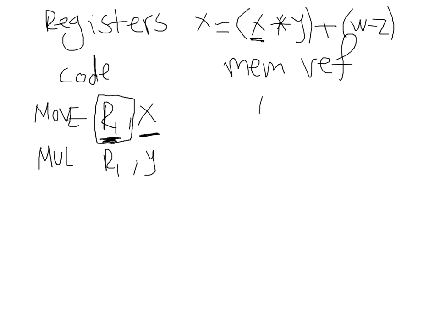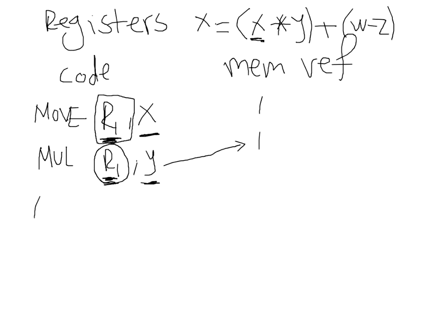R1 holds the value of x now, right? How many times do we need to access the memory? Again, only once. I know R1 is source and destination, so we take the value of R1, multiply it by y, and store it back here. But this is already inside the CPU. It's not accessing the memory, which is good. So we only need to access it once, only for the y. Now we finish this part.